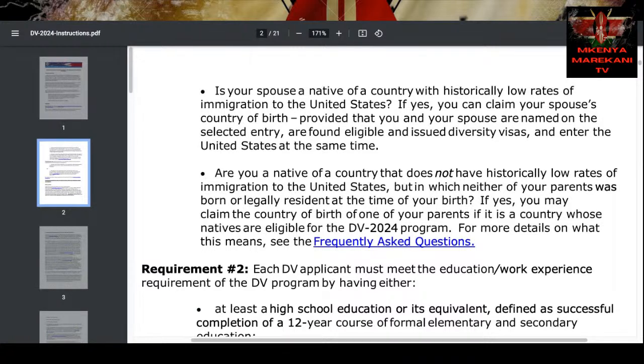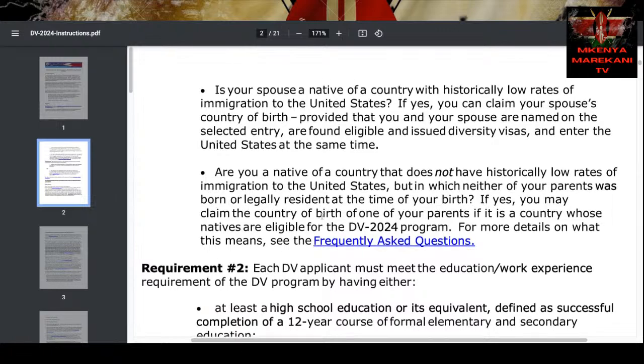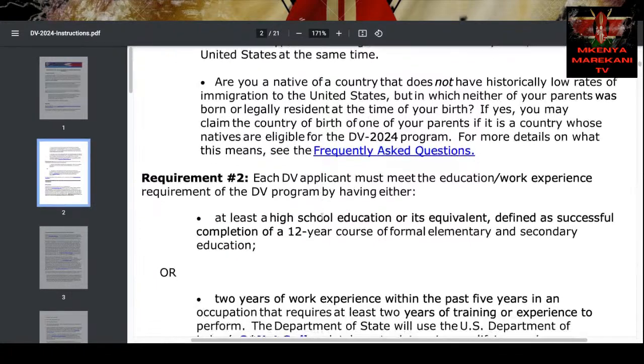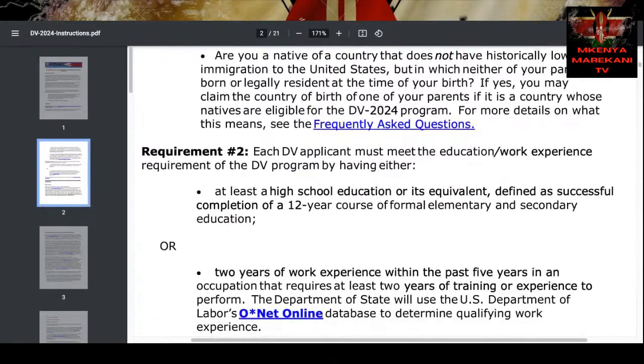So not just the spouse, but even children. You might be born and living in an ineligible country, so you might qualify through your parents. You might claim one of your parents' home country, which is probably eligible.